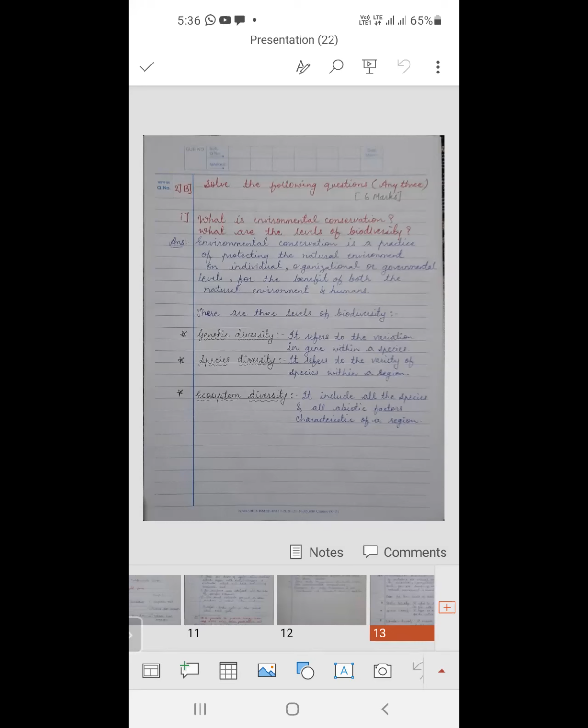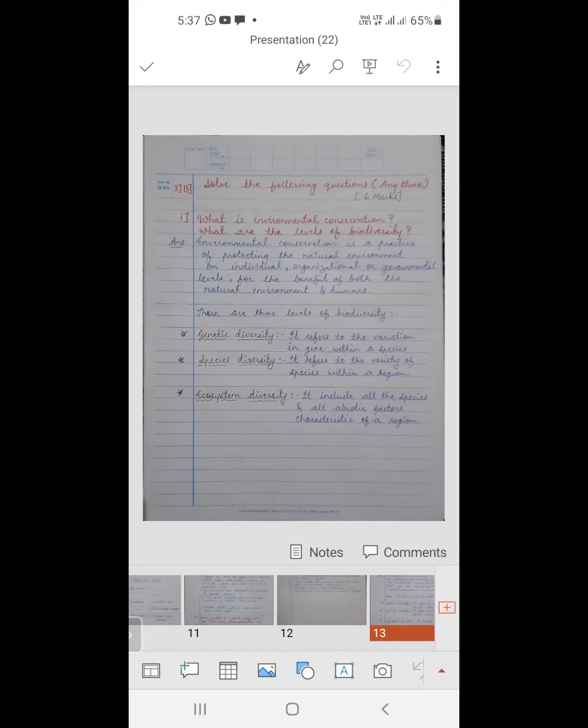So the first level is genetic diversity. The second one is species diversity. The third one is ecosystem diversity. Write some lines about these, and that will be very useful for you. So what is genetic diversity? It refers to the variation in genes within a species. This is a small sentence that will help you in scoring good marks.